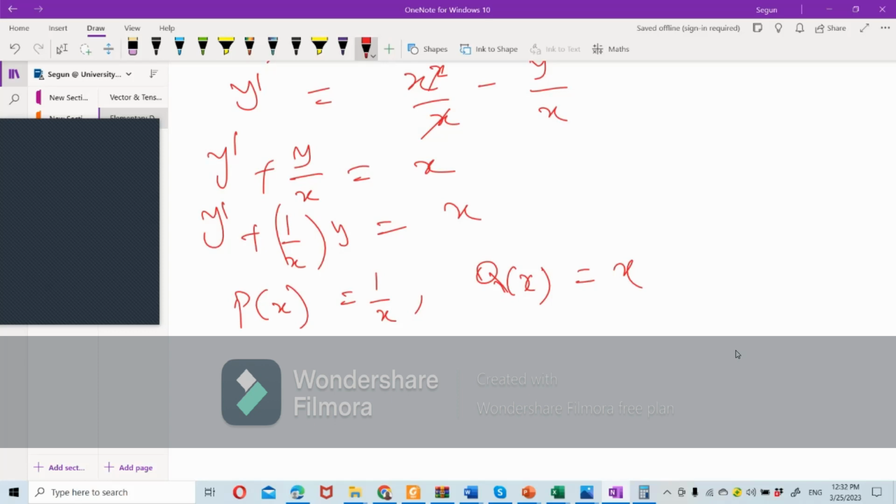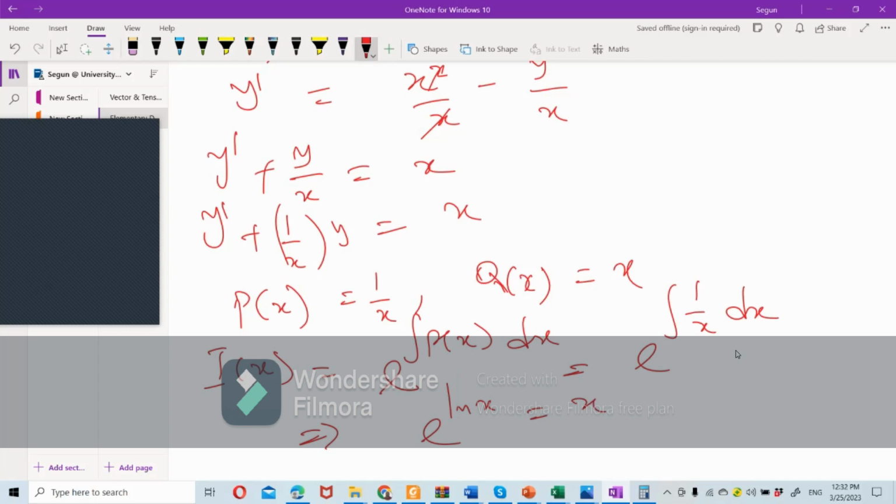So you can go ahead and solve the problem using integrating factor, which says exponential of integral of P of x dx, which is the same thing as exponential integral 1 all over x dx. And it's going to be exponential ln x equals to x.